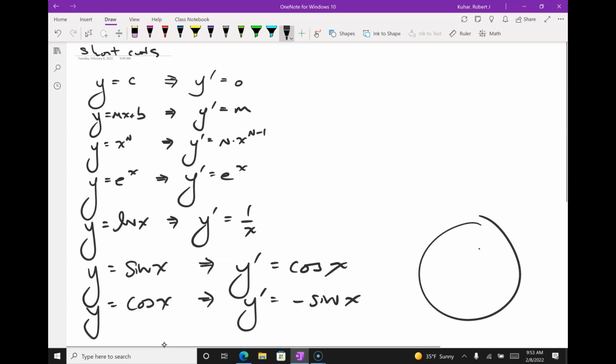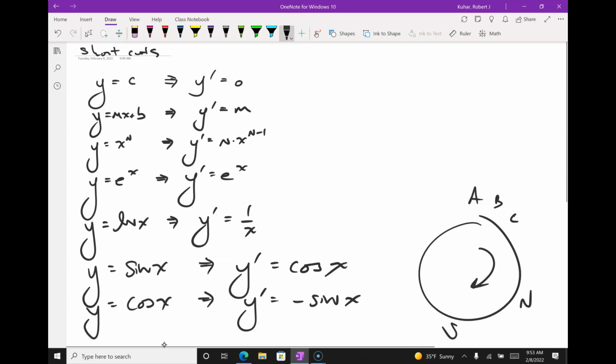I always remember that one by moving clockwise, and I'll write out the alphabet. So the derivative of cosine goes past the negative. You see it?